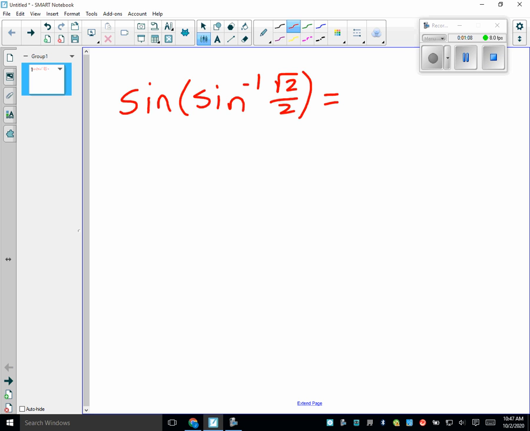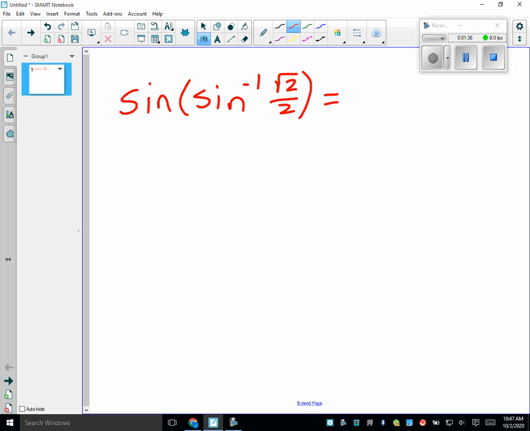I said we do parentheses first, didn't I? So the last thing I'm going to do is going to be to take the sine of something, right? So my answer is going to be a fraction. Do you agree? Am I in quadrant 1? How do you know? Because it's positive.